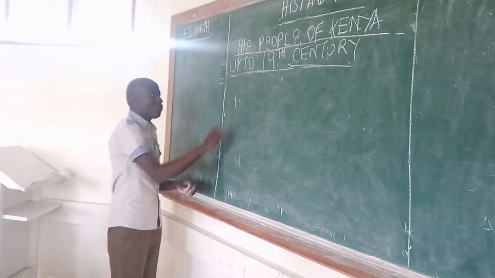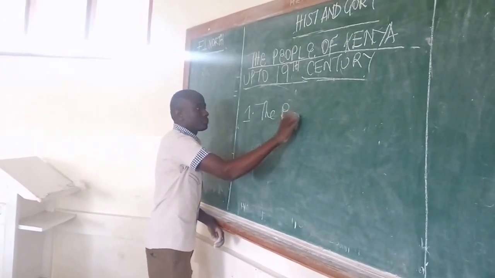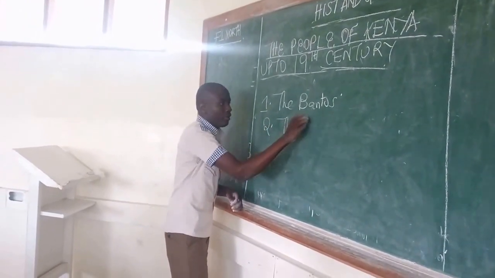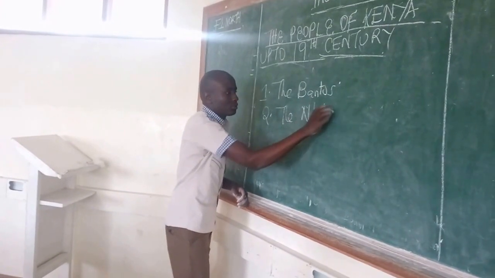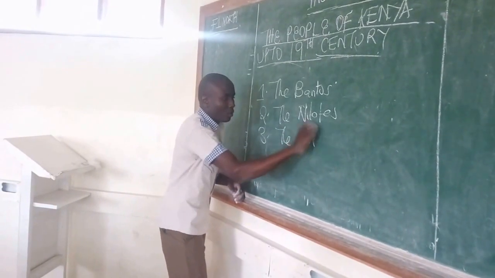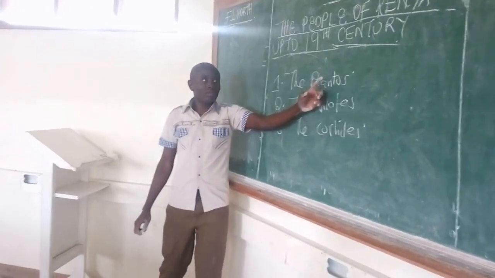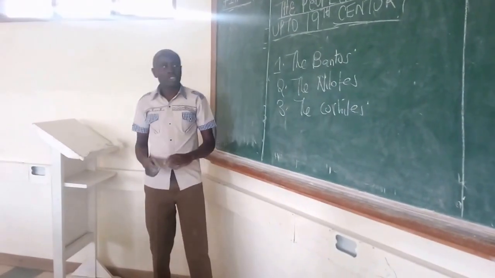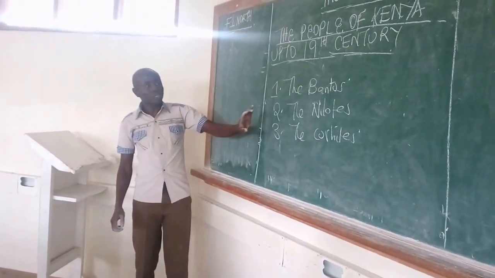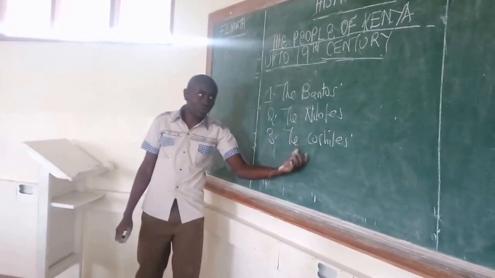And these are: one, we have the Bantus; two, we have the Nilotes; three, we have the Kusites. In each and every group, we'll be able to identify the major division and give an example of each linguistic group.